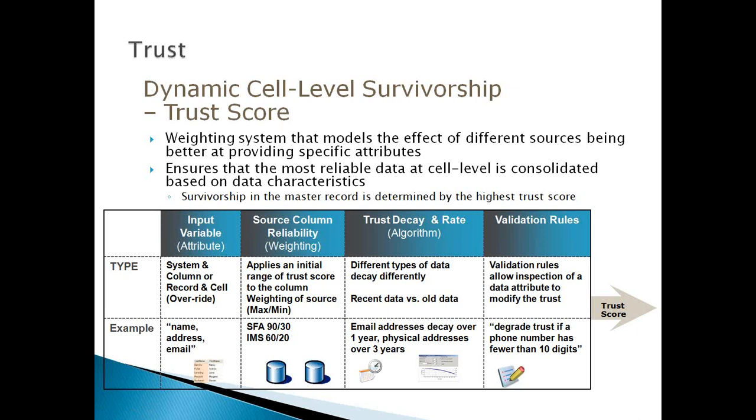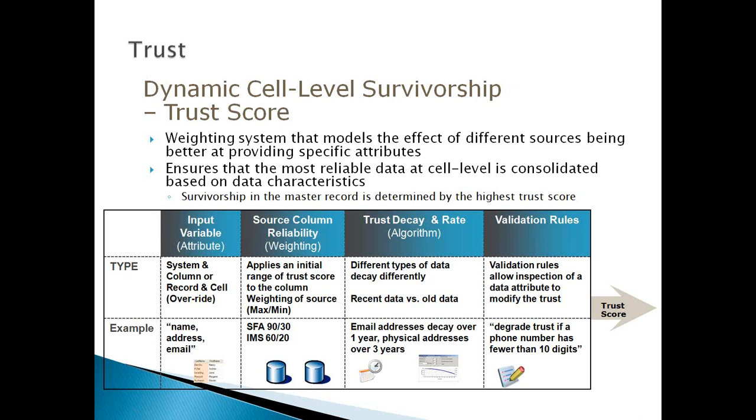If I load any email, for example, I have inserted an address with an email ID, then for the email today, the trust will be highest because I have loaded it today. So the trust will be 90. But going forward, it will keep decreasing because I have given a time period of 1 year.